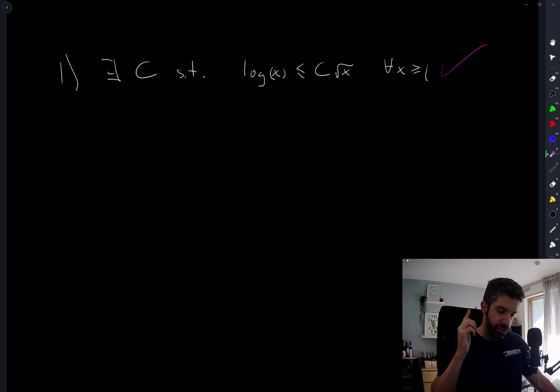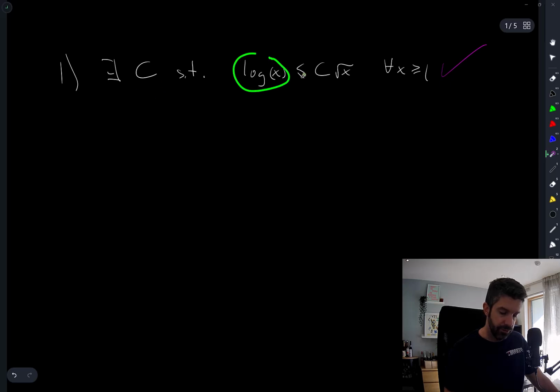I guess you would have to check when x is equal to 1, but if I just choose c equal to 1, log of 1 is 0, root of 1 is 1, so it's satisfied, and the log function is going to grow so much slower than the root function here, so that's fine.